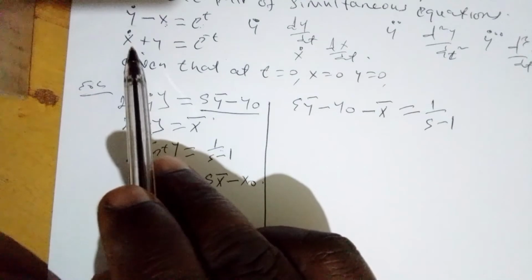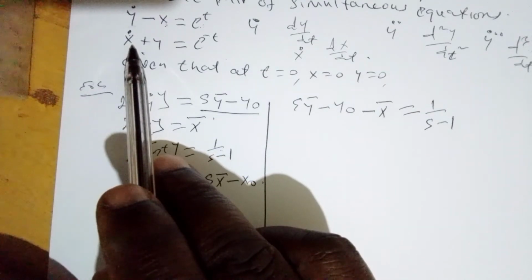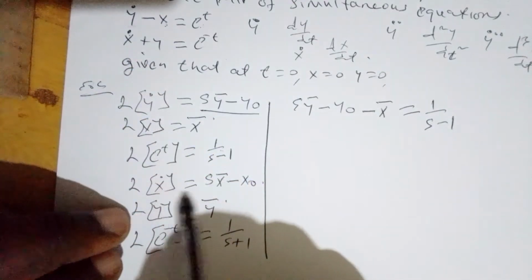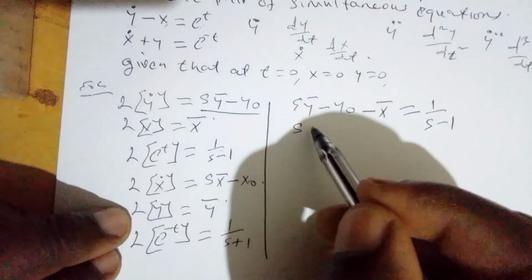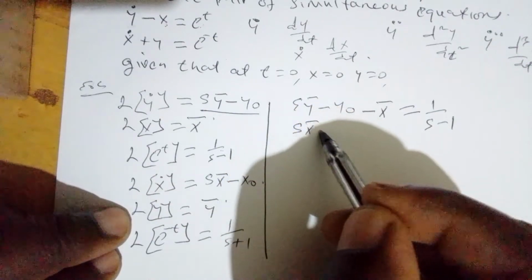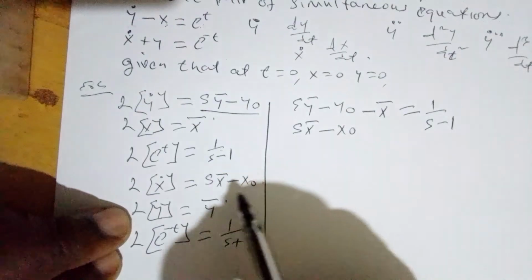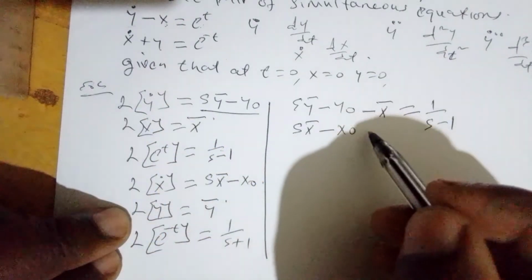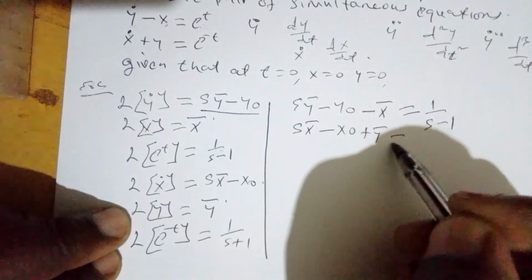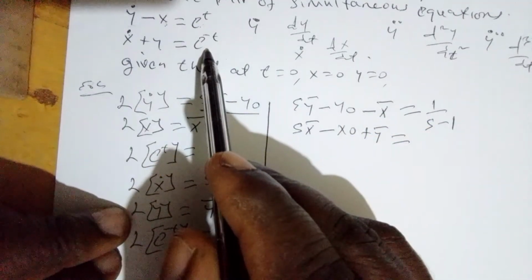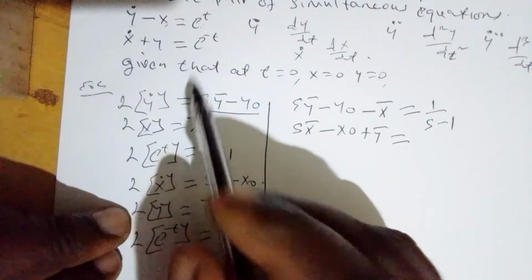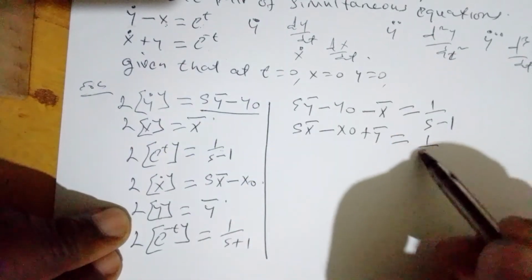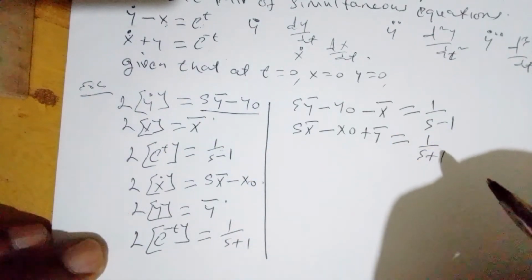Then the second equation, the Laplace transform of x dot is s x bar minus x naught. Then the Laplace transform of y is y bar, so plus y bar equals the Laplace transform of exponent minus t, which is 1 over s plus 1.